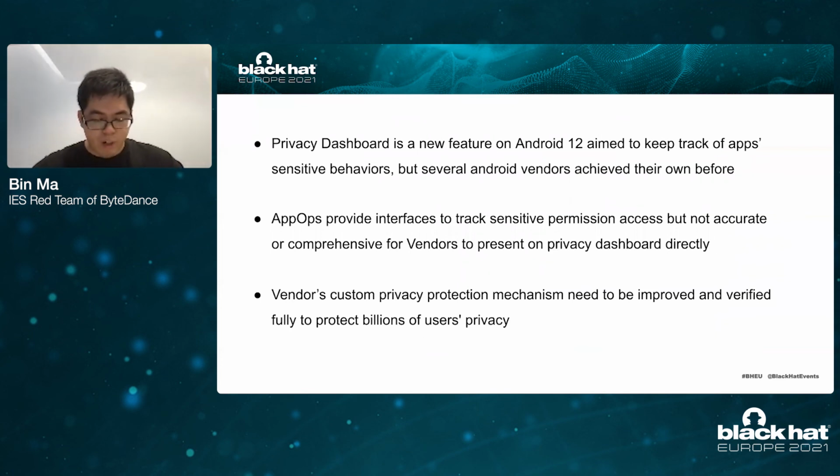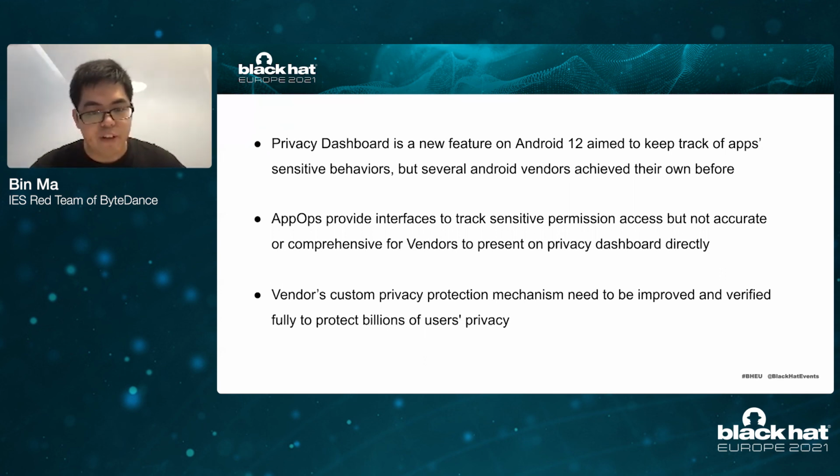Finally, we summarize 3 key points from our research. The privacy dashboard is a new feature on Android 12, aimed at keeping track of apps' sensitive behaviors. But several Android vendors achieved their own before.